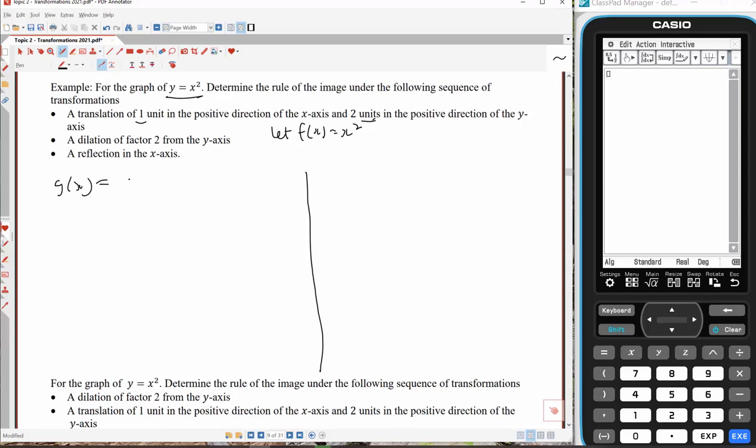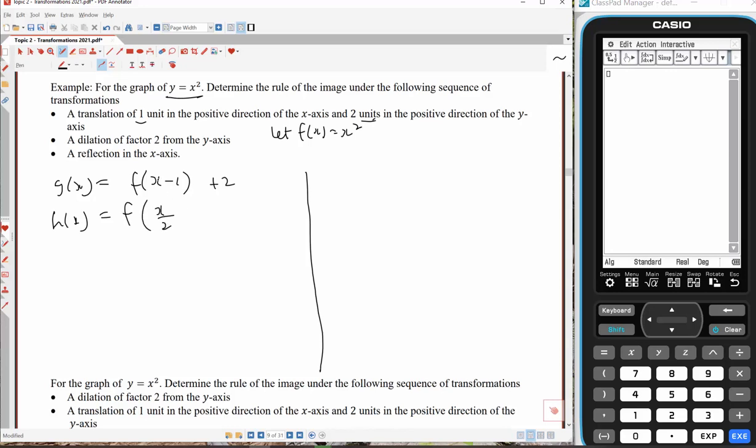g of x is equal to f of, so positive direction means we do that. 2 units in the positive direction of y means we do that. h of x equals, so this is a dilation factor 2 from the y-axis. Okay, so to do that, I'm going to do f of x on 2.